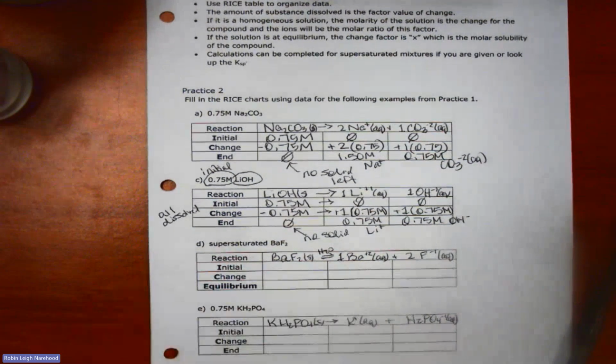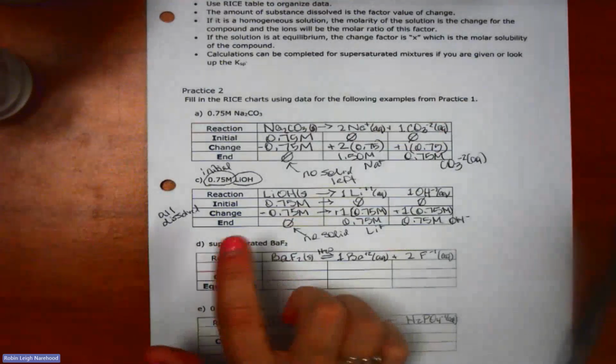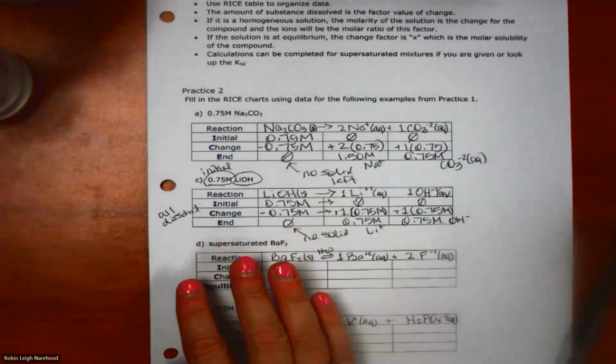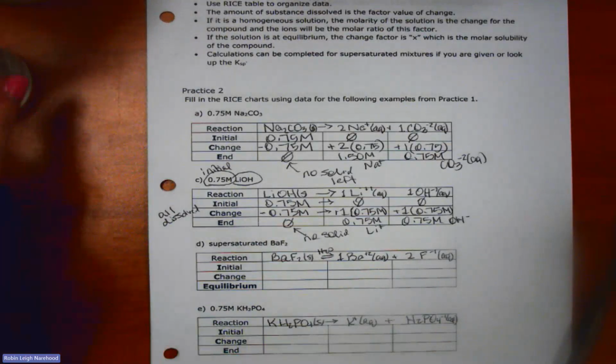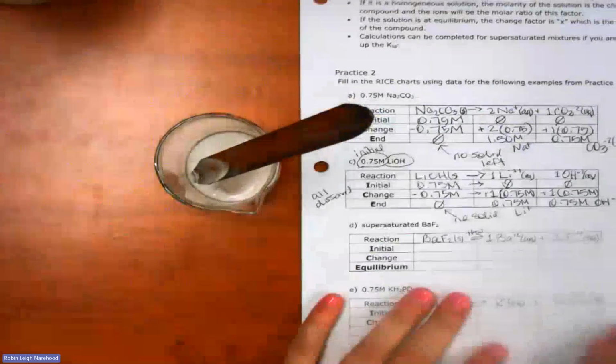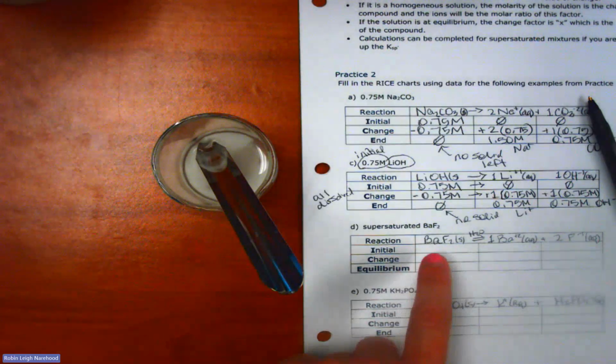So what do we do if it's supersaturated? Do we have an initial amount? Do we know? No. And I want you to think about what I had said earlier. If I make a supersaturated solution, you remember what I said? What do I do? I just dump some solid in there. So guess what I'm going to put for my initial amount of barium fluoride?